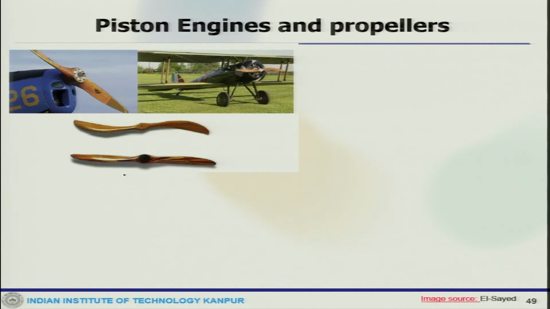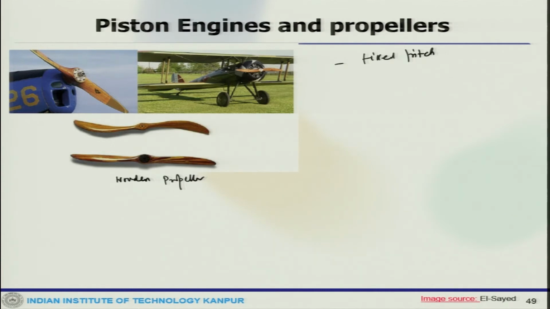Now you can see this is a typical wooden propeller. This is a fixed pitch, one piece wooden propeller. This is used for lighter aircraft.